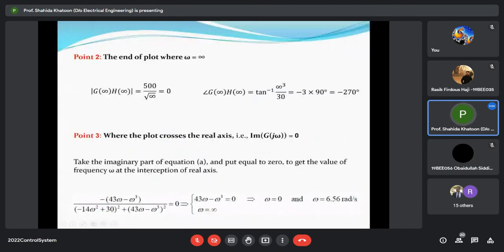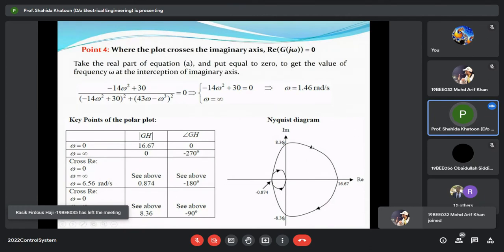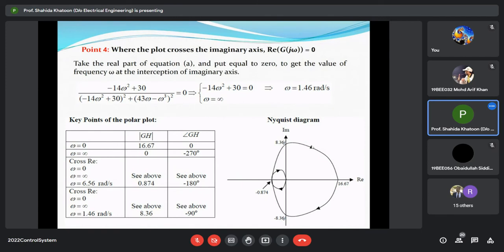You solve such type of problems. And then you find out where the plot crosses the imaginary axis, and you draw the Nyquist. You draw a table like this and draw the Nyquist diagram like this. You can note down.